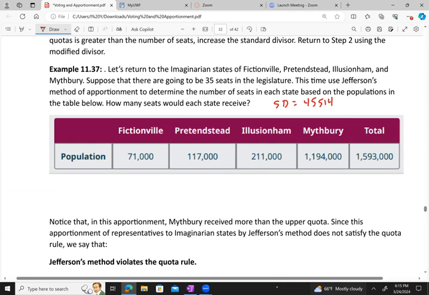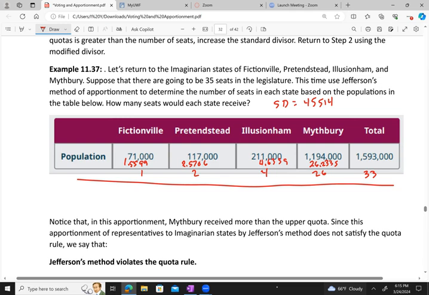Our standard quotas were 1.5599, 2.5706, 4.6359, and 26.2335. With my lower quotas, I had 1, 2, 4, 26, which came to 33.